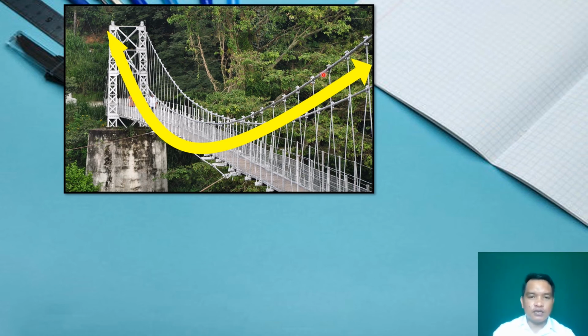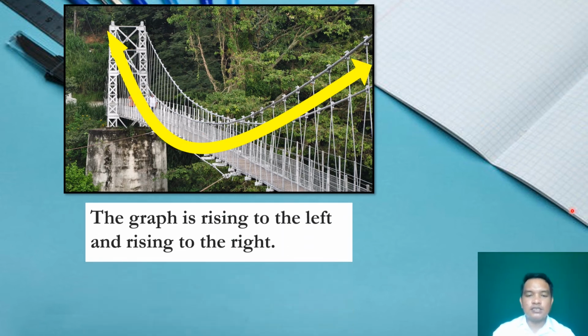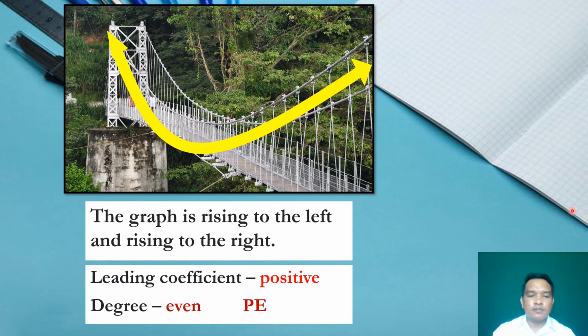It is rising to the left and also rising to the right. Again, meron tayong rising to the right. Ang leading coefficient niya is positive. And both, ang direction niya ay rising to the left and rising to the right. So, therefore, meron tayong degree na even.